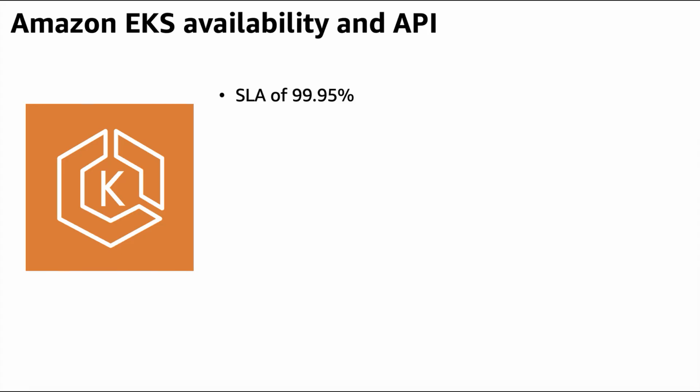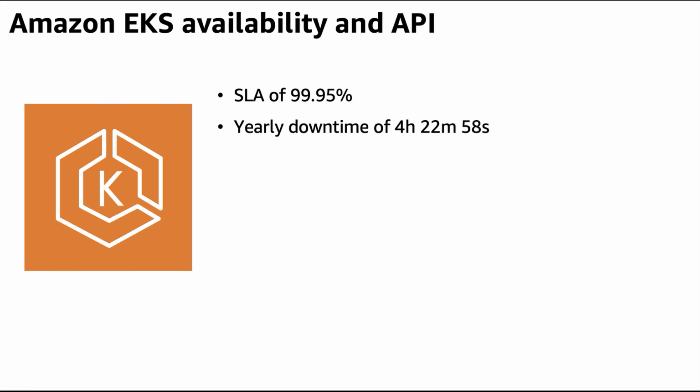AWS will use commercially reasonable efforts to ensure that the service level agreement for Amazon EKS, that is to keep the Kubernetes endpoint for an Amazon EKS cluster available, has a monthly uptime of at least 99.95%. This will translate to a yearly downtime of 4 hours, 22 minutes, and 58 seconds.